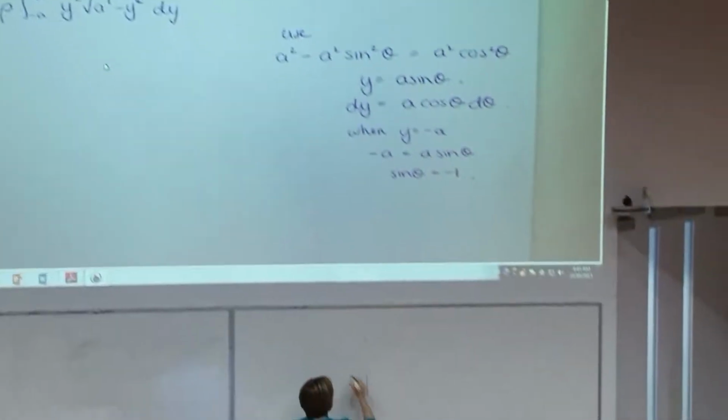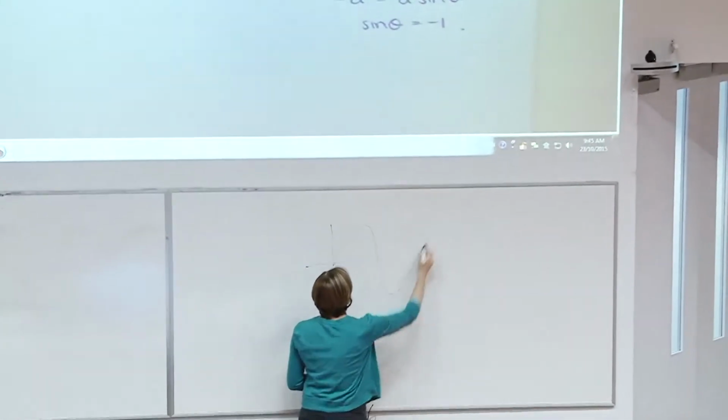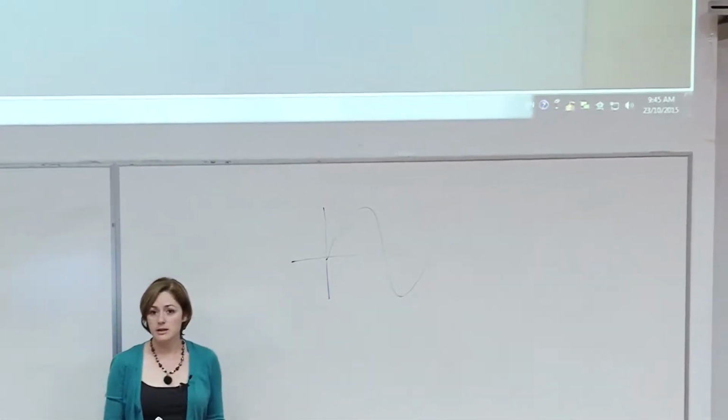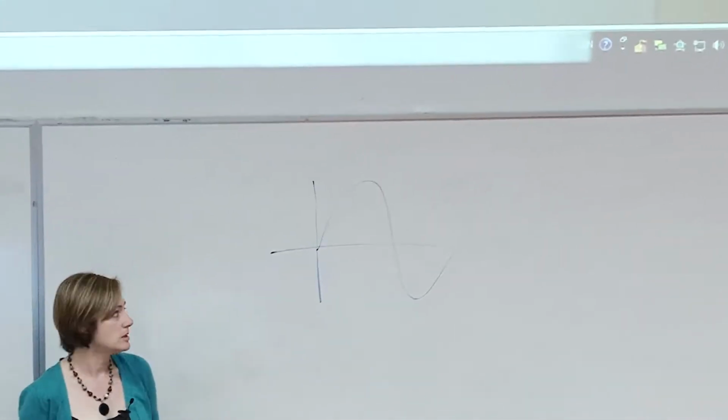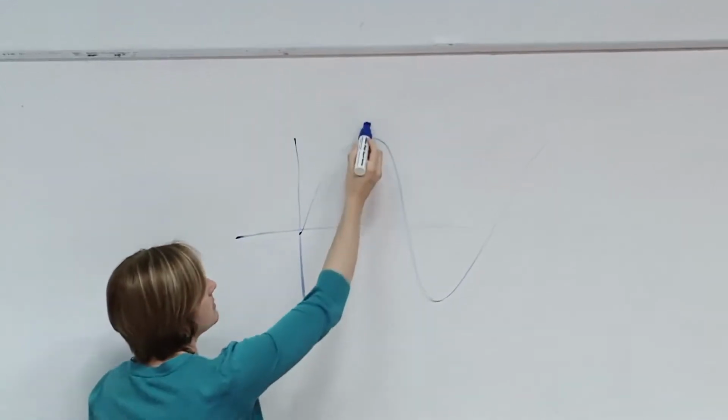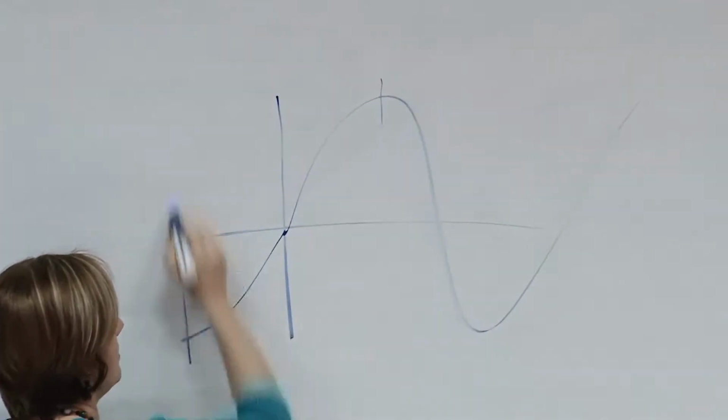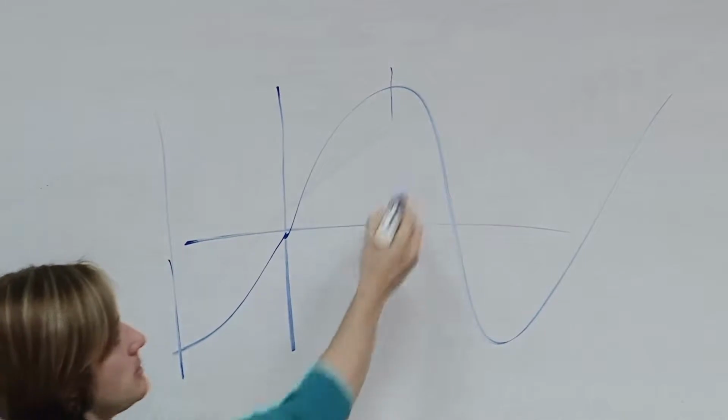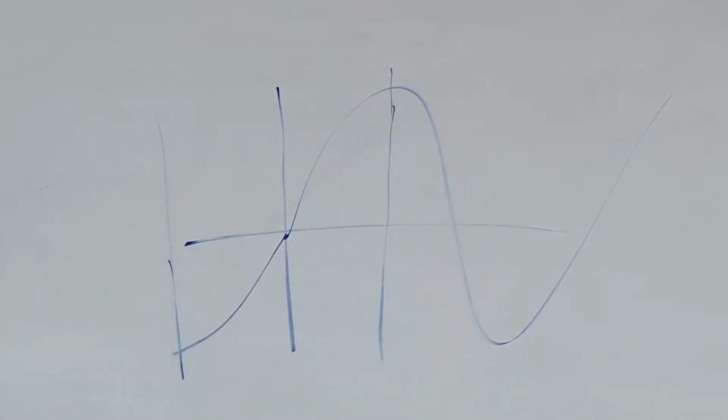Right, sine theta goes like this. Okay, remember when we're finding the inverse though, we have to chop it so that it's 1 to 1, and we chopped it like this, right? So we're only using this middle part here. So when is sine equal to minus 1? Minus pi on 2. Yeah?